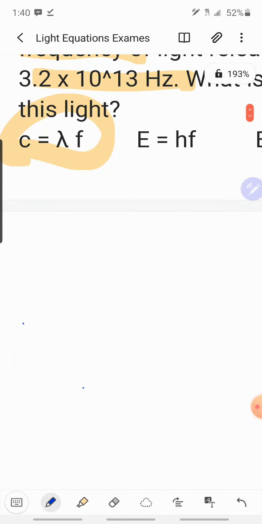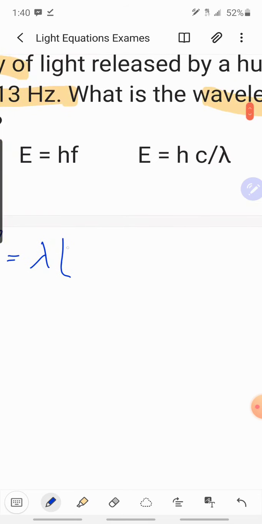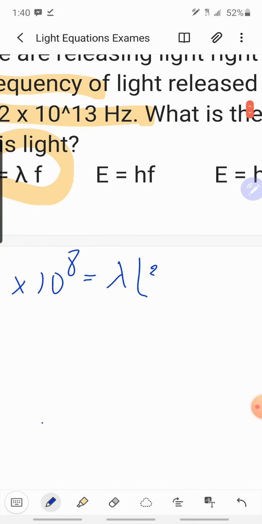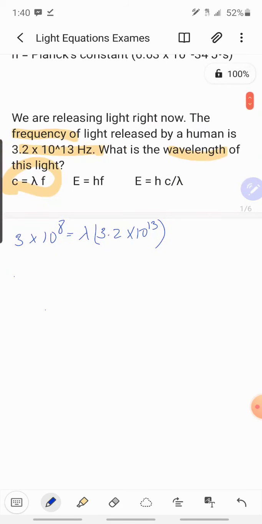So we'll fill this in. C is 3 times 10 to the 8. Wavelength we don't know, but we do know that the frequency is 3.2 times 10 to the 13. So now if I want lambda by itself, we have to divide.